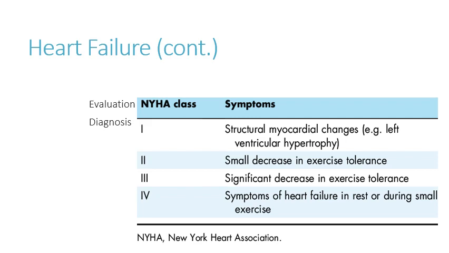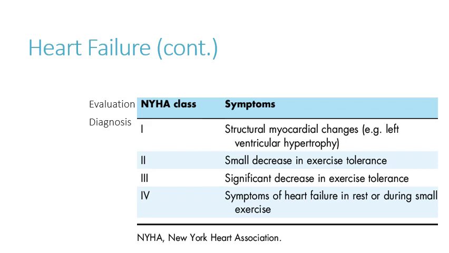My favorite, and the same advice is to you, and not only my favorite, but most commonly accepted and less confused, is the New York Heart Association classes. So as you see here, there are 4 classes. First class is really pre-heart failure.